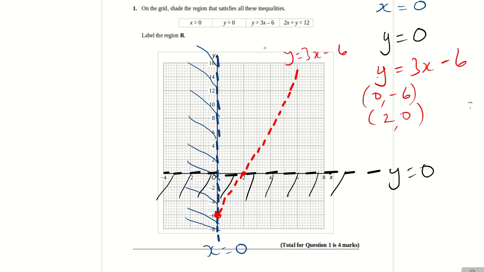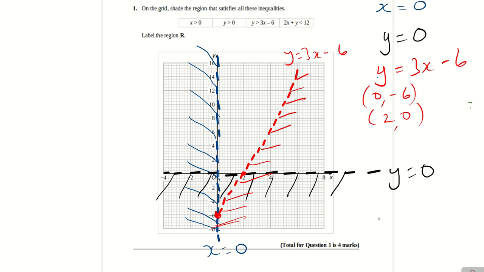And we want y to be bigger than that, so anything below that line is not included. So I shade what I don't want, which is anything that's below the line. So all of this stuff here is below the line.